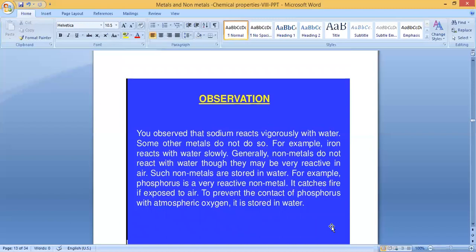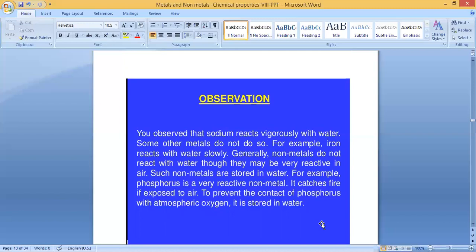Such non-metals can be stored in water because they will not react with water. The best example is phosphorus. Phosphorus is a very reactive non-metal. It catches fire if exposed to atmospheric air.